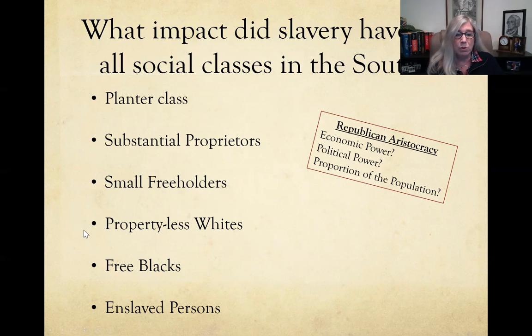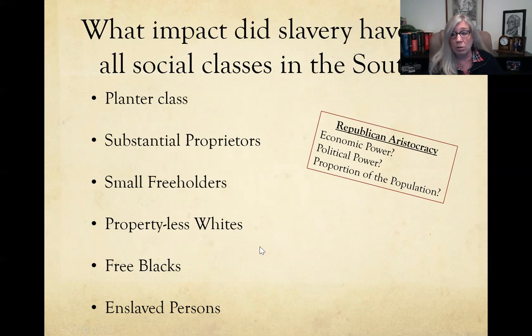But then about 40% of the white population is here, not owning any land. They would be what we would call tenant farmers, where they would travel around and they would hire themselves out to work, sometimes for these small freeholders, sometimes overseeing some of the property for these other landholders in the upper classes. But then you have a line here.